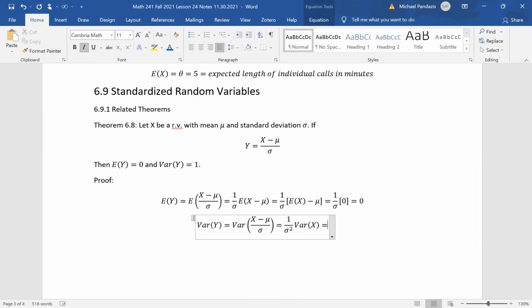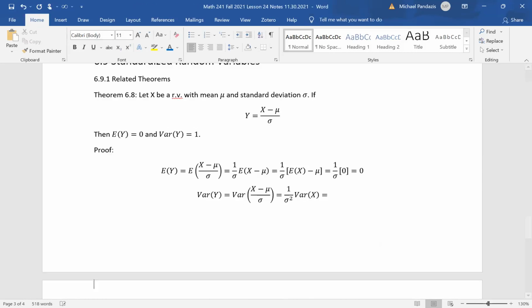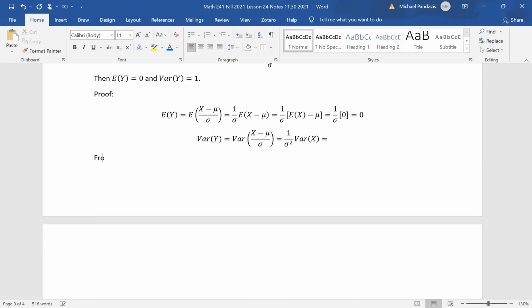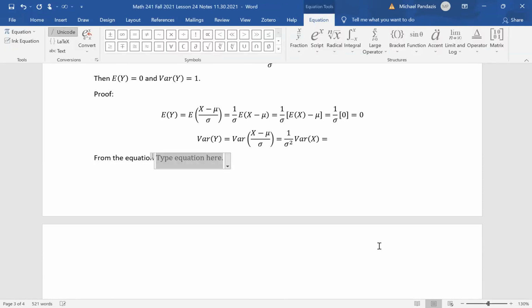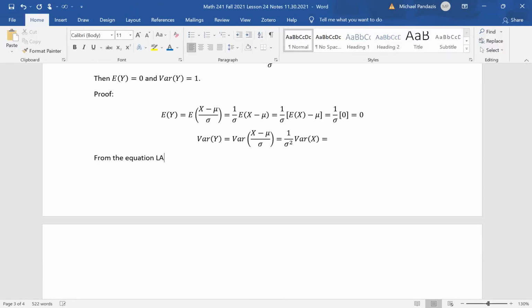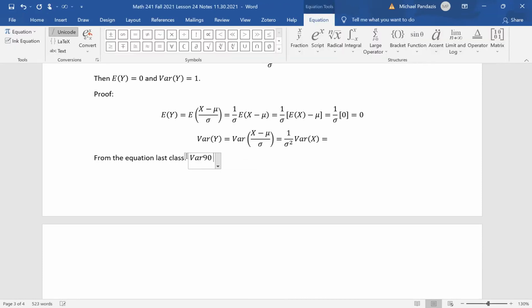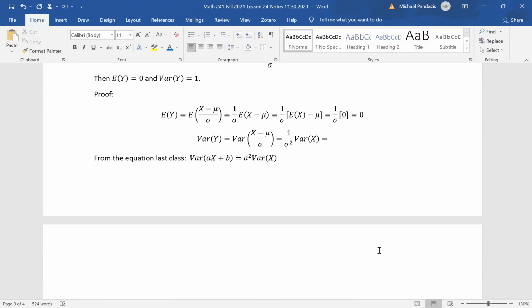Now the variance of x, this is from the equation last class: the variance of ax plus b is equal to a squared times the variance of x.